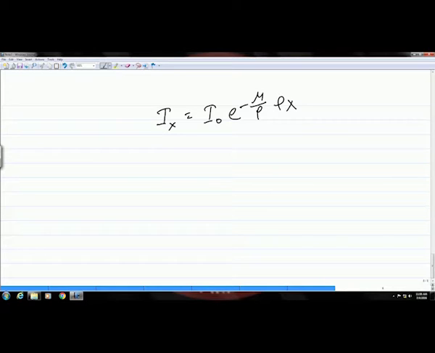Now we can define another parameter, known as m and given by mu by rho, and this parameter is known as the mass absorption coefficient.